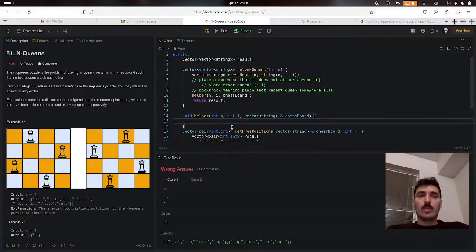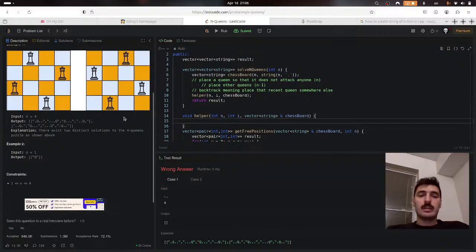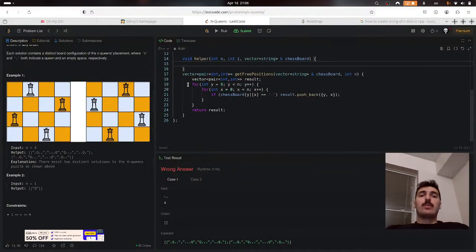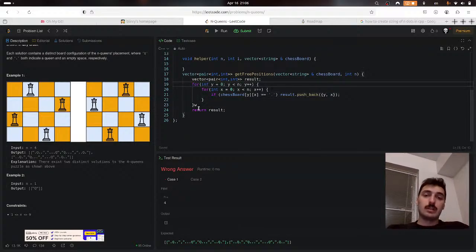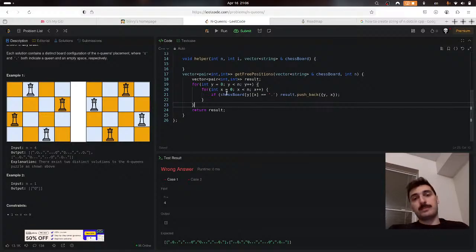One thing I'm worried about is that all these for loops are going to cost us a lot of time. This is an n squared algorithm already, and get free positions is n squared.